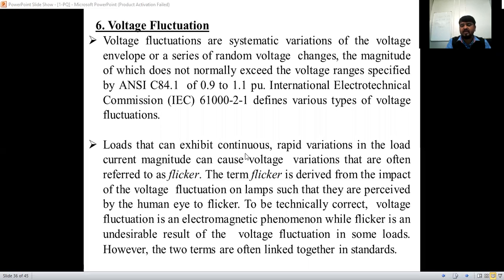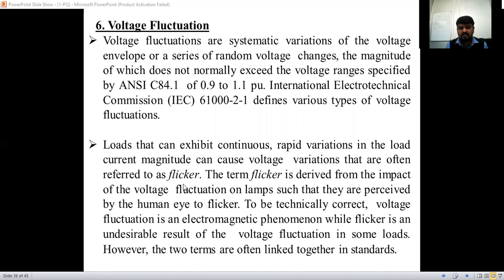Loads that exhibit continuous rapid variations in the load current magnitude can cause voltage variations that are often referred to as flicker. When a load is suddenly added, the load current suddenly increases, and that creates voltage variations, which we call flicker.